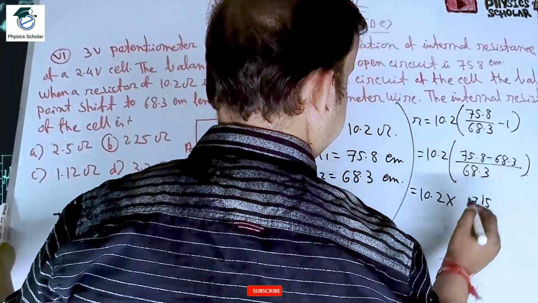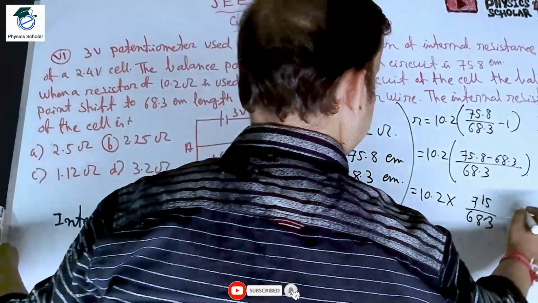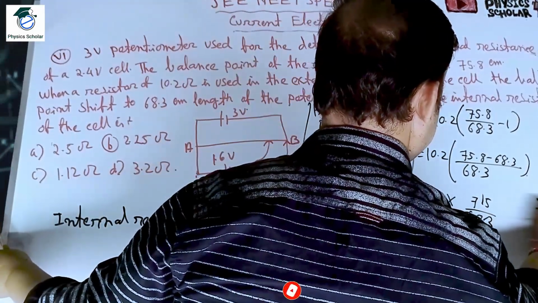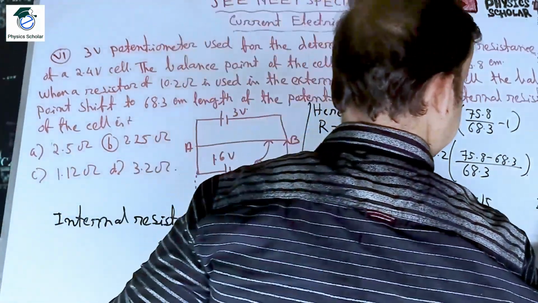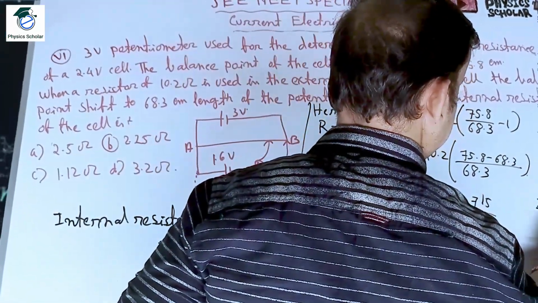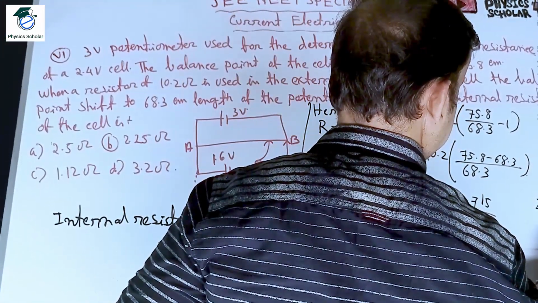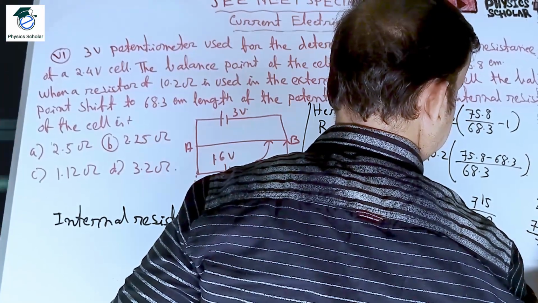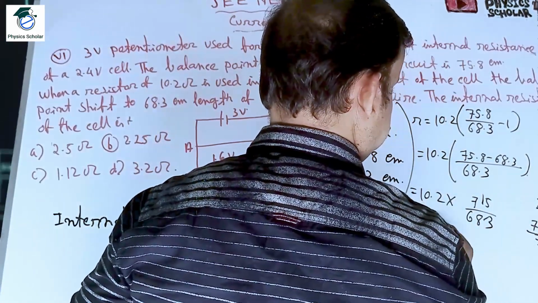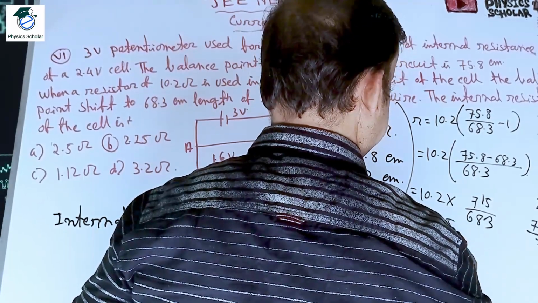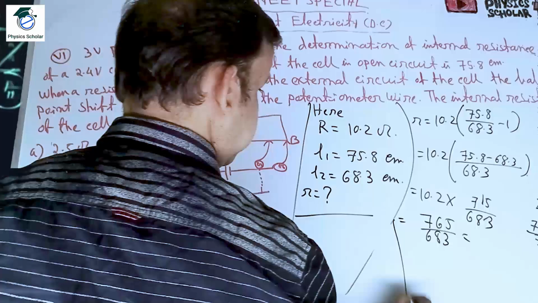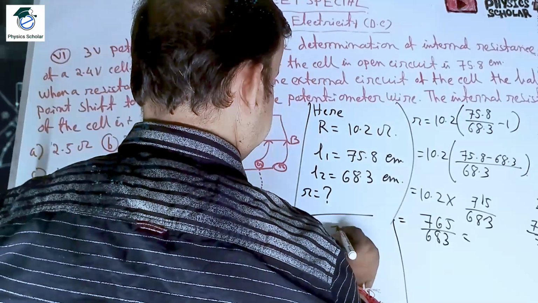This and this will be cancelled. So it is 10.2 and 75 multiplication, which is 765 by 683.